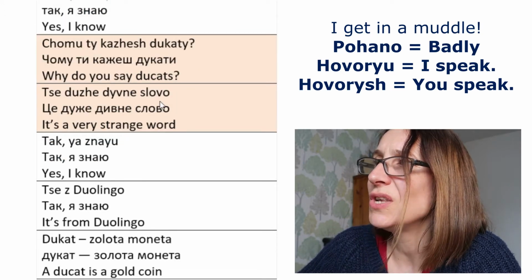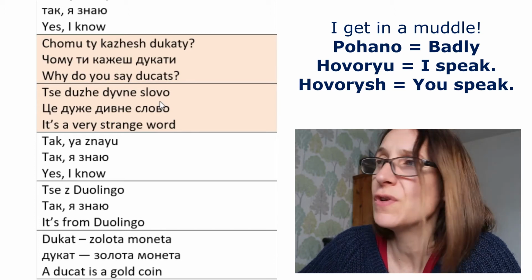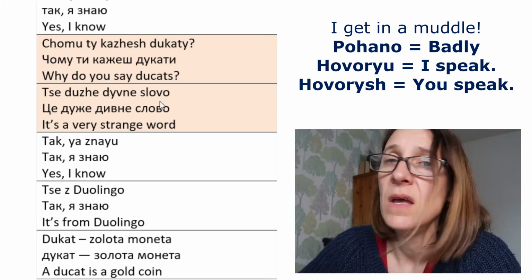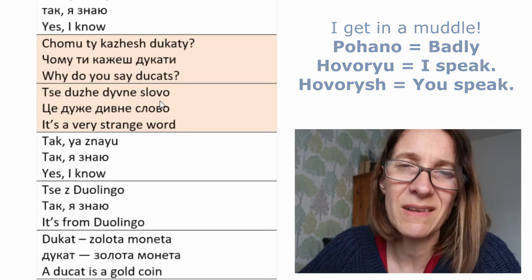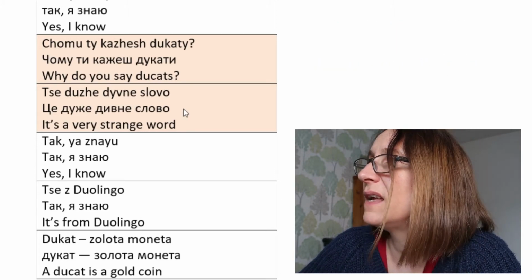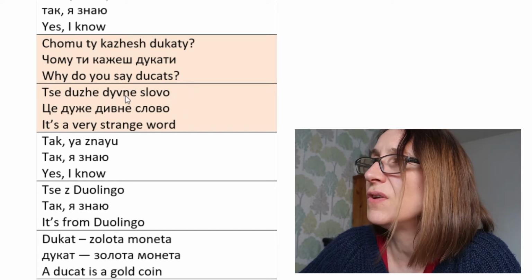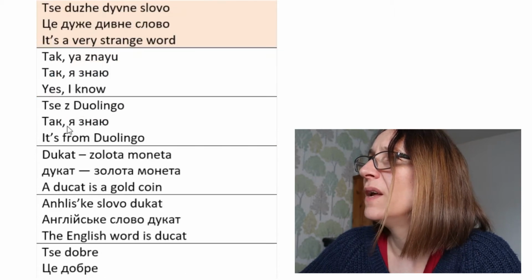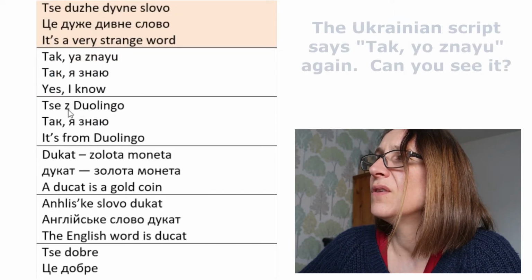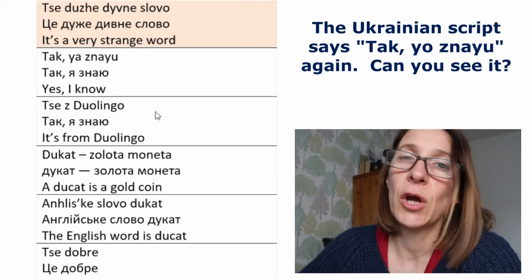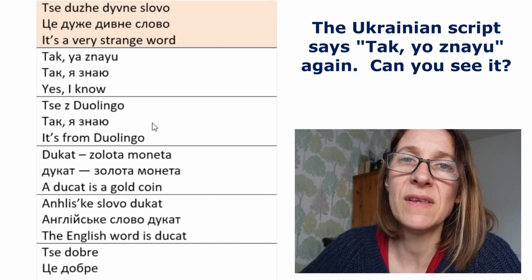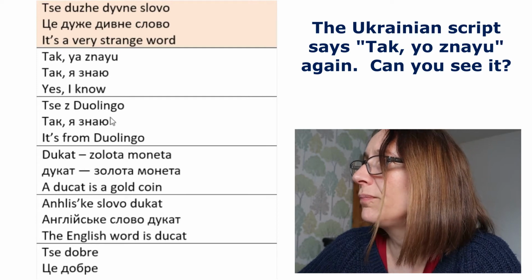Це дуже дивне slovo. It's a very strange word. Okay, so I imagine that I'm going to use words like word a lot. Так, я знаю. Yes, I know. Це з Duolingo. It's from Duolingo. Okay, so they obviously gave us it because it's a cognate.